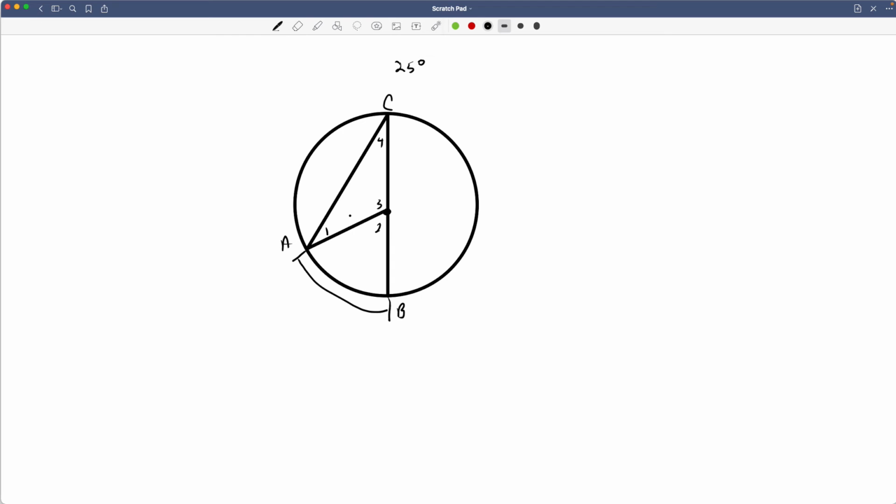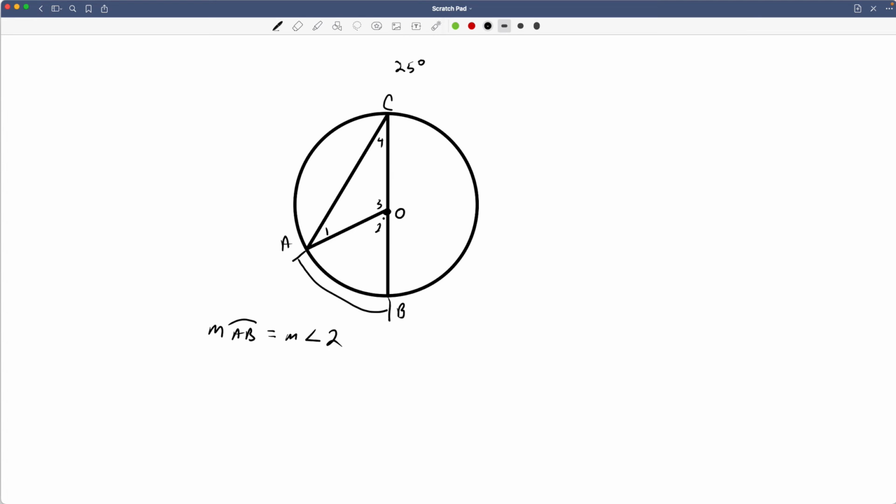Arc AB is defined to have the same measure as its central angle 2. So the measure of arc AB is going to be equal to the measure of angle 2. We know this to be true. Angle 2 is an exterior angle of triangle OCA. So this is point O. Sorry, I meant to label that earlier.